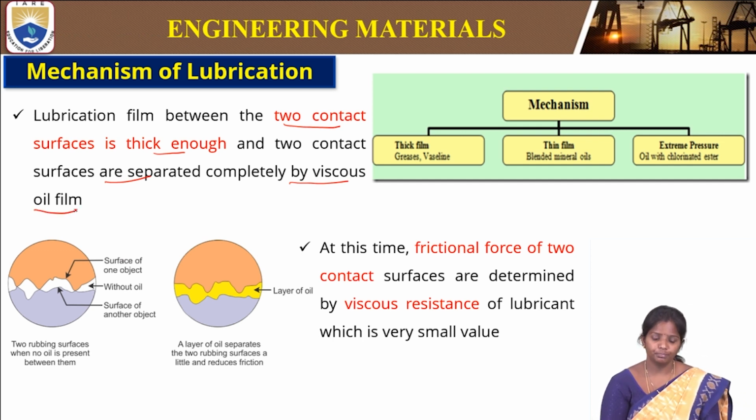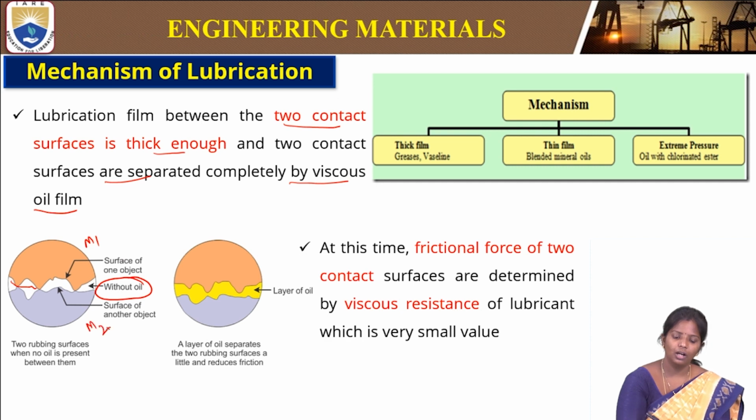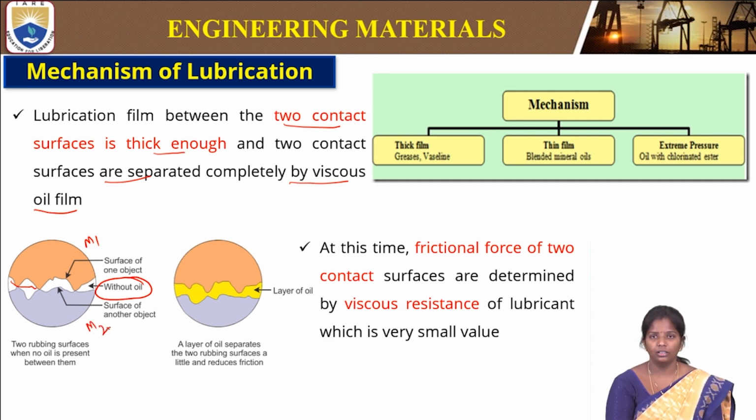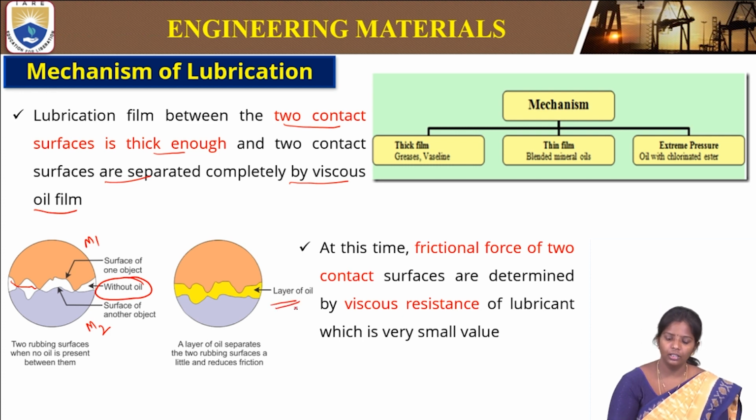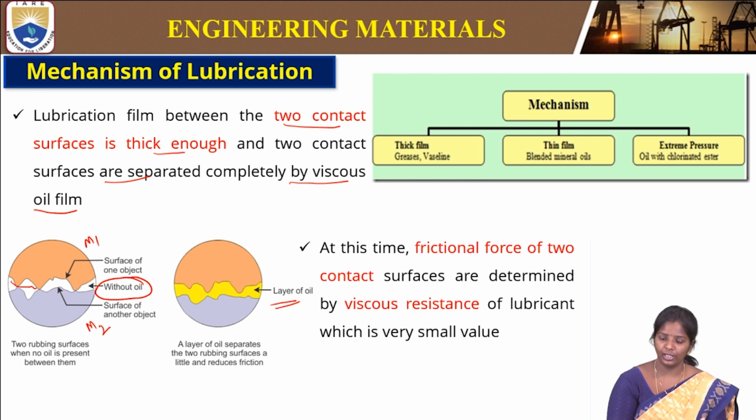So what happens when there is no oil or lubricant? The surfaces of metal 1 and metal 2 interact or rub with each other and will be damaged. But when there is an oil layer, the rubbing of the metal surfaces reduces and helps in smooth functioning of machinery.